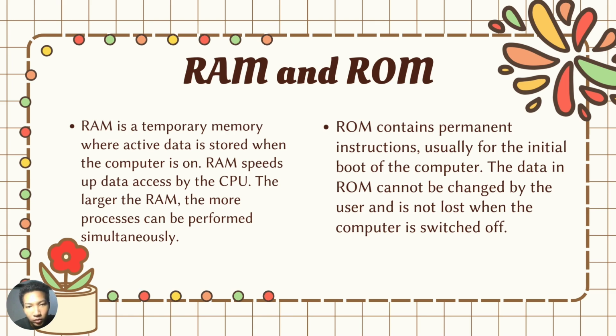ROM contains permanent instructions, usually for the initial boot of the computer. The data in ROM cannot be changed by the user and is not lost when the computer is switched off.